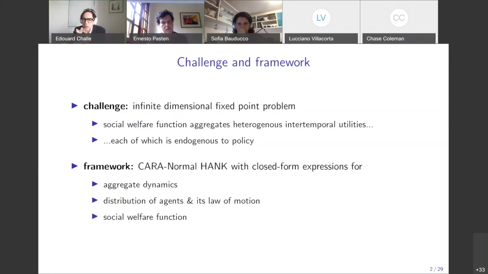We're going to use an incomplete market model that allows us to be at least partly solved in closed form. So we're going to use a CARA-normal HANK model. CARA stands for constant absolute risk aversion. So the utility function has constant absolute risk aversion, and idiosyncratic risk is normally distributed.